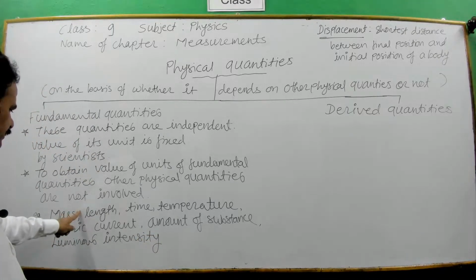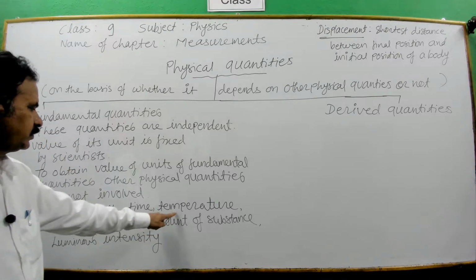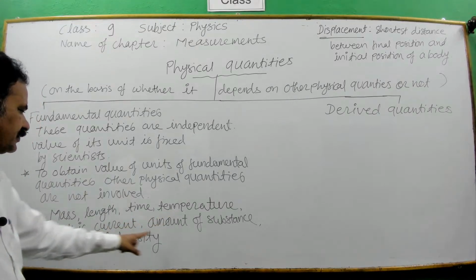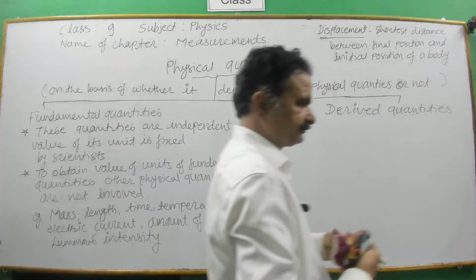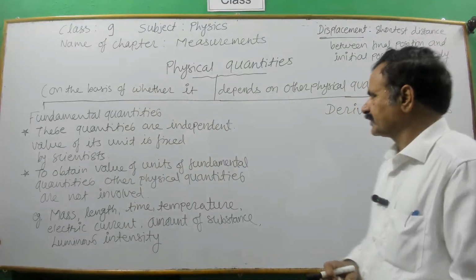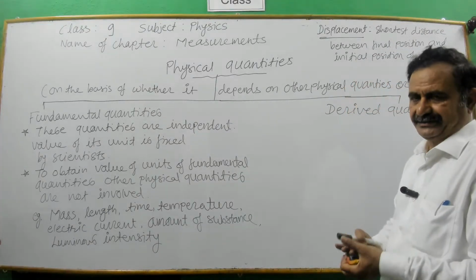Count: 1, 2, 3, 4, 5, 6, and luminous intensity 7. Right? What do you mean by derived quantity?